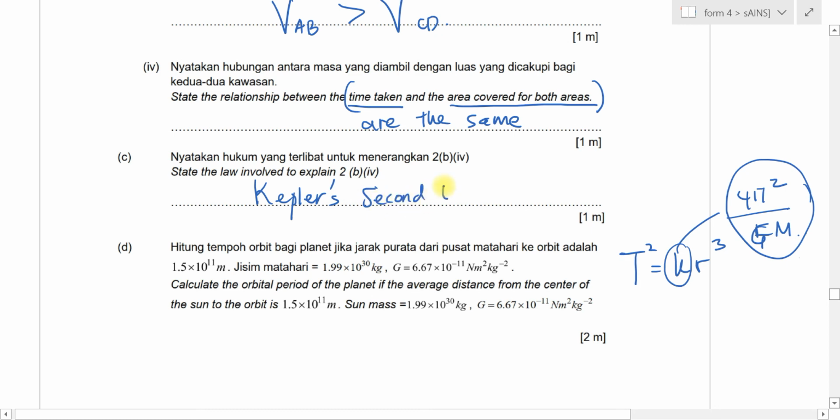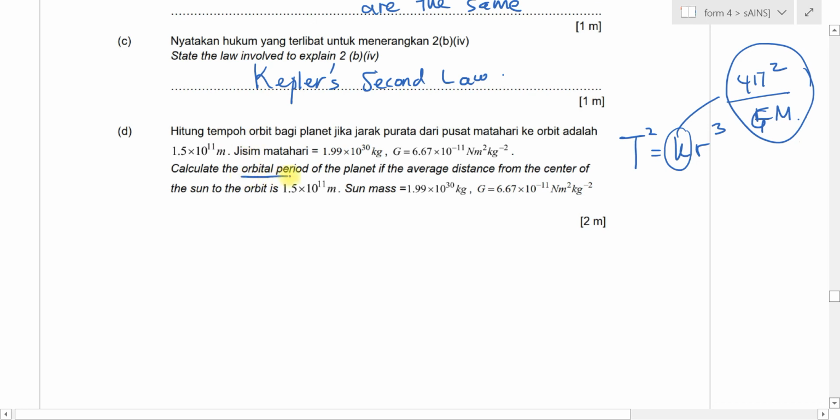Okay, final question. Calculate the orbital period of the planet. It means they are asking what T is.